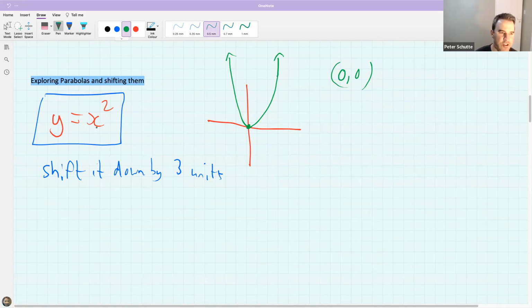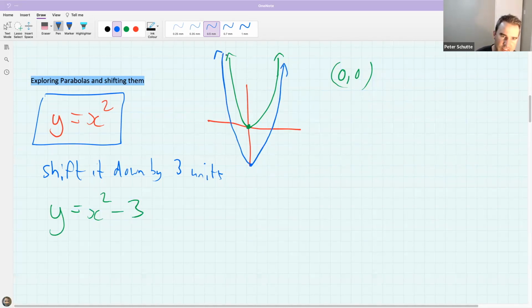If I shifted it down, it would become the equation x squared minus 3. And if I had to visualize that, it would be like this dot moved down to here. And now I guess the graph would look something like that.